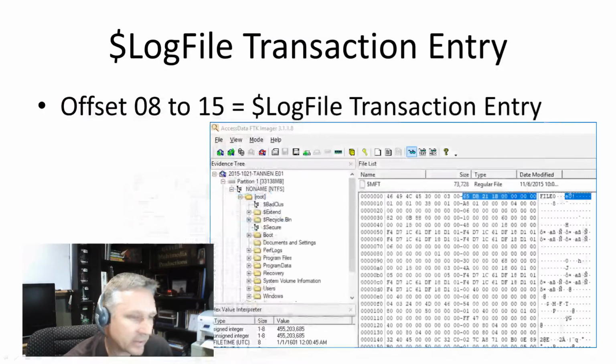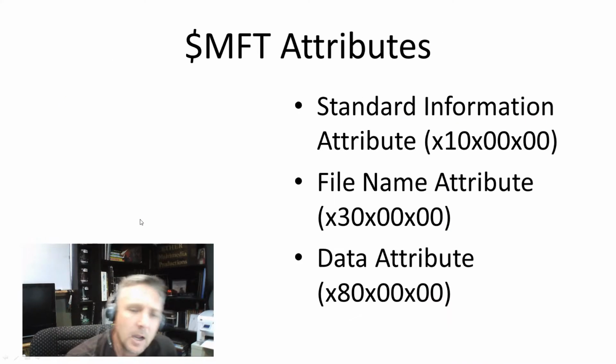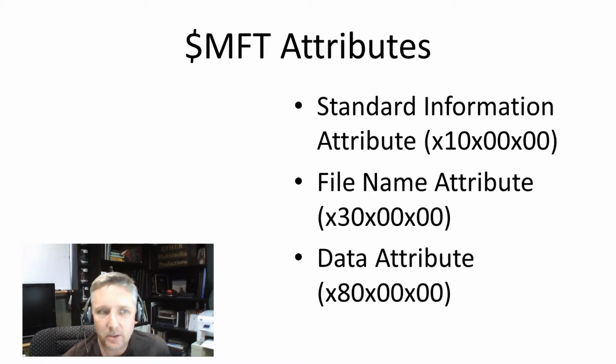All right, so back to our PowerPoint. See, I didn't do too bad that time. I didn't look too dumb. That's good. All right, so now we need to talk about some of the most important attributes within the master file table. And there's a whole bunch of them, right? There's a whole bunch of metadata that can appear in the master file table. But for this class, and really for most forensic exams, the most you're going to be concerned with are the standard information attribute, the file name attribute, and the data attribute.